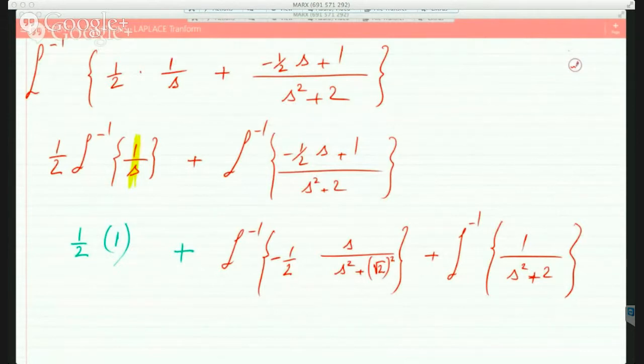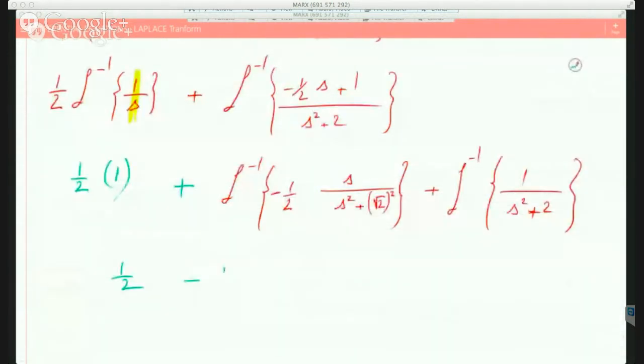So the minus 1/2 comes out. So we have so far 1/2 coming from the first one, plus the inverse Laplace, so I can pull out the minus 1/2, and s over s squared plus b squared, where b is root 2 in this case, is cosine bt.